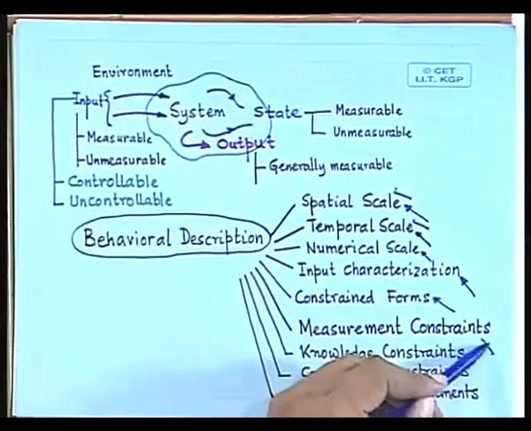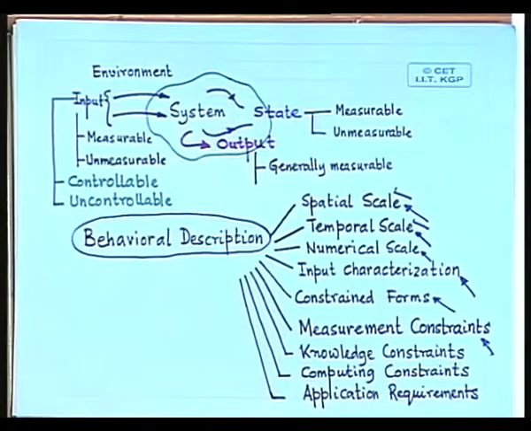So for various purposes, we might like to constrain the model form, right? Similarly, there may be several other factors. There may be measurement constraints that immediately decide between which and which variable it is useful to build the model. If you want to use the model, you must generally build it between two measurable quantities.